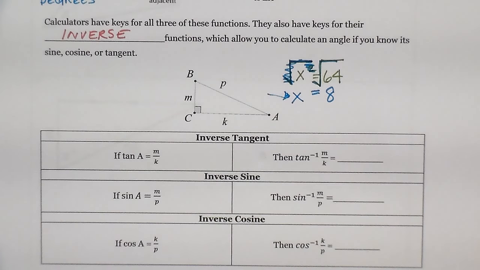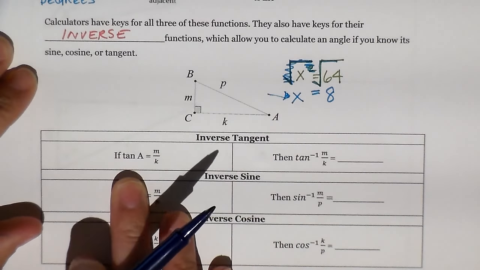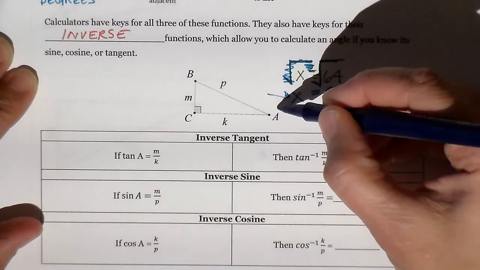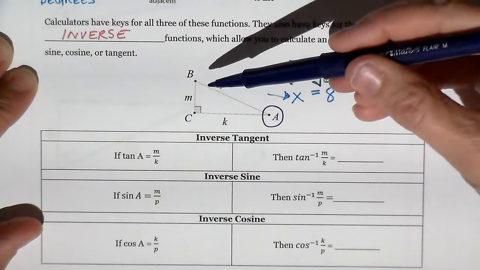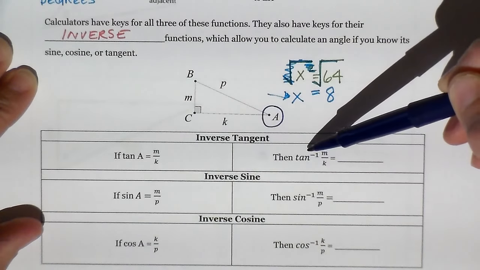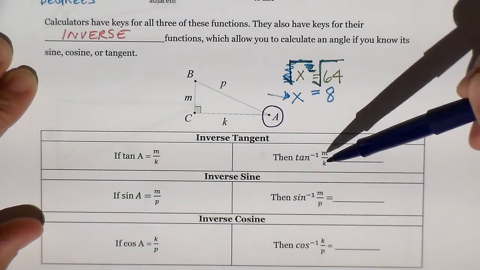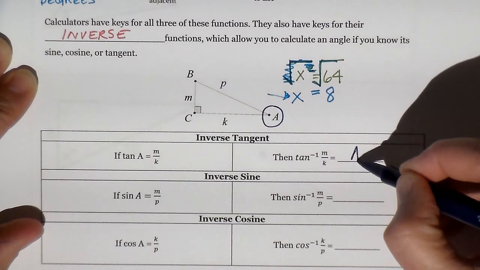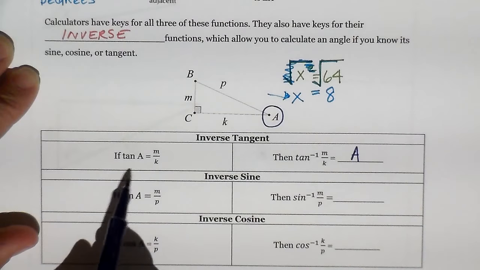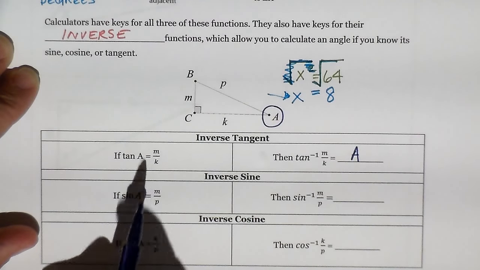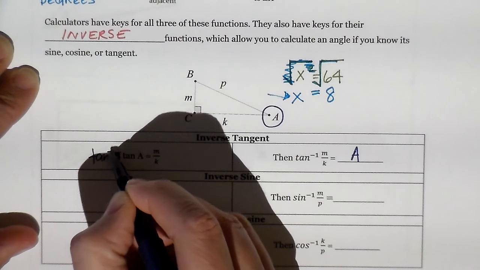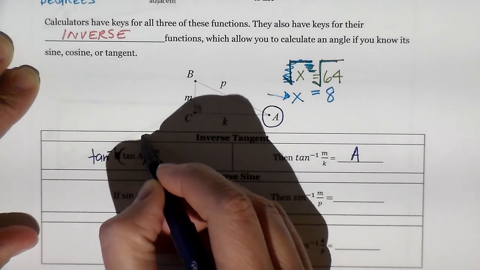The first one I want to look at: if the tangent of angle A is m over k, the inverse tangent of m over k would be A. So what I'm doing is taking tangent A equals m over k, and I'm going to do the inverse tangent of both sides.